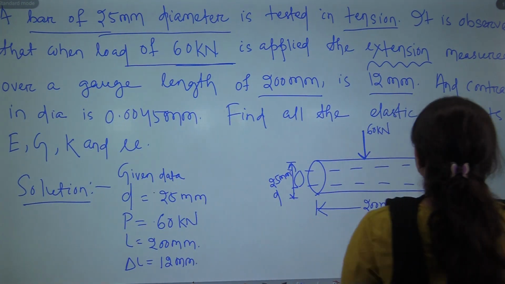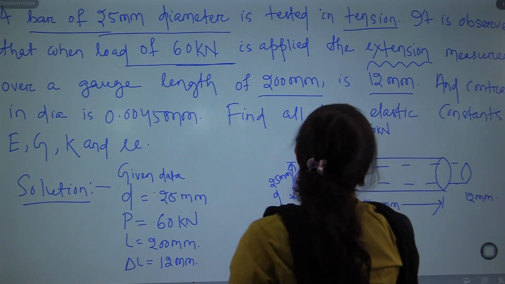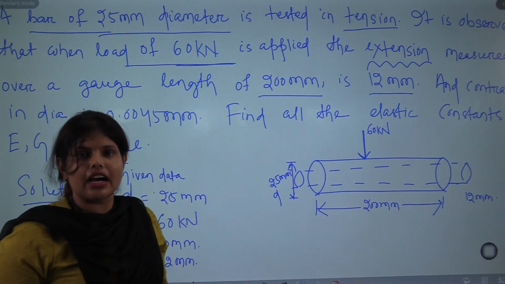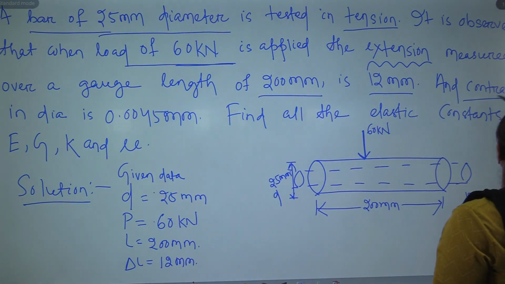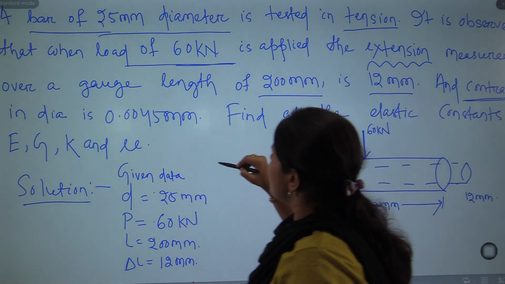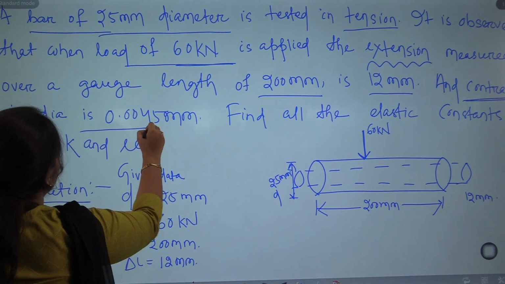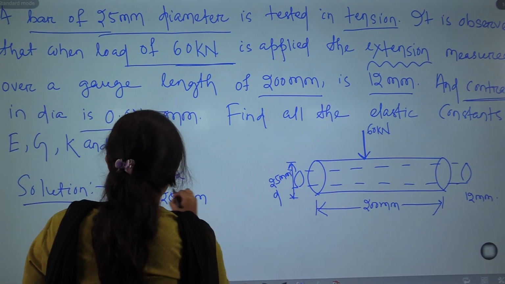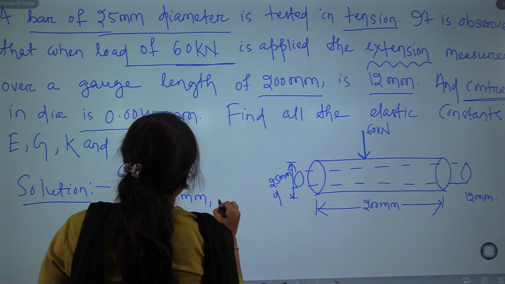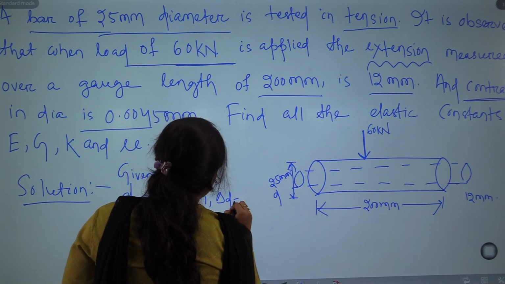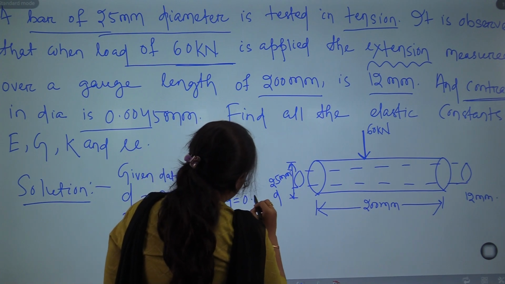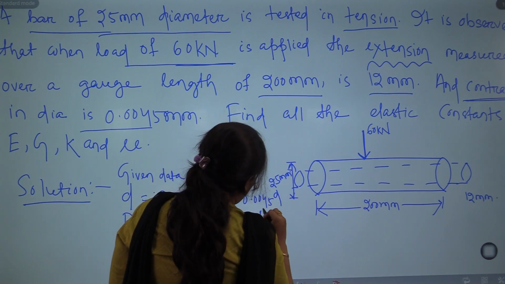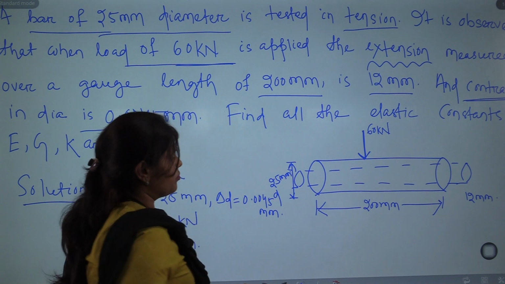Before, we know that if one side elongates, the other side will compress. So, here contraction is given, contraction in diameter. Here D equals 25 mm and del D equals 0.0045 mm.